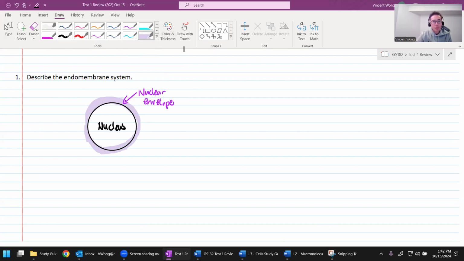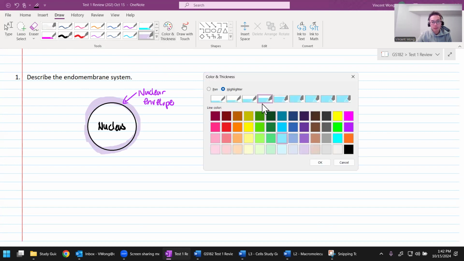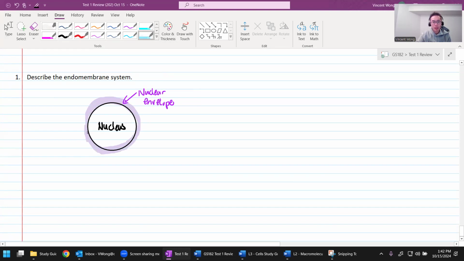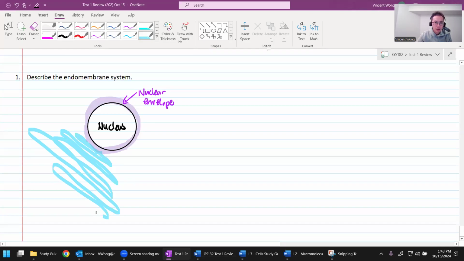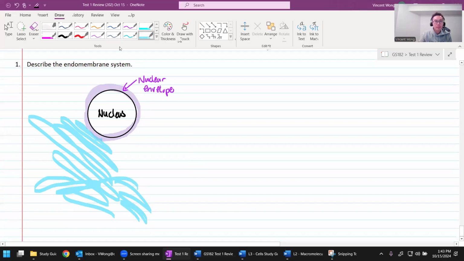The nuclear envelope does not end with the nucleus. It actually extends outward to form a network of these tunnels, and these ones have ribosomes stuck on them. You will label it on the quiz, so you should know that they are the rough endoplasmic reticulum.